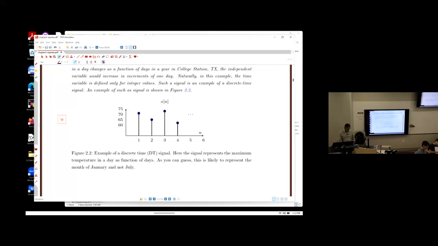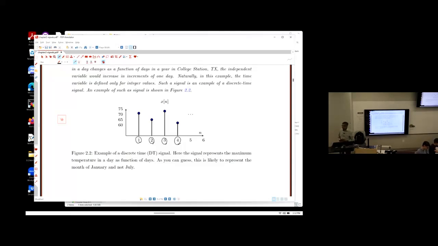What I mean by that is, since time takes only integer values, you would typically not use a continuous plot, but you use what is called a stem plot. In Python, if you were to plot something like this, you would use a stem plot, which means for every value there is a line that comes from that, right? So when you see something like this, this is a discrete time signal.